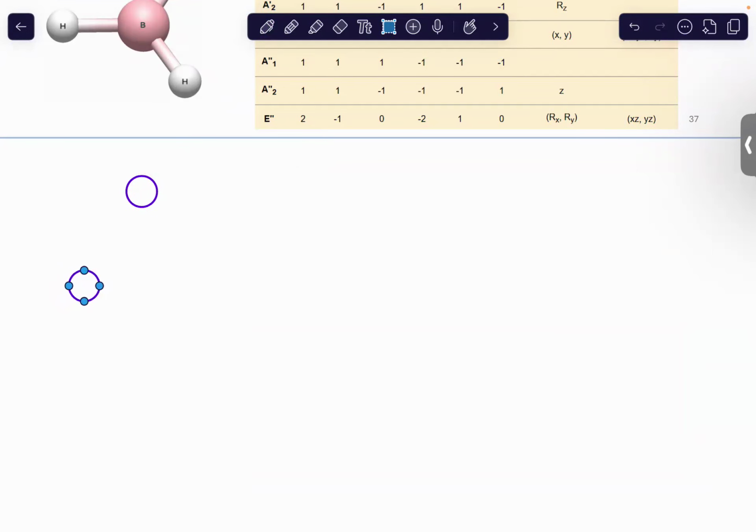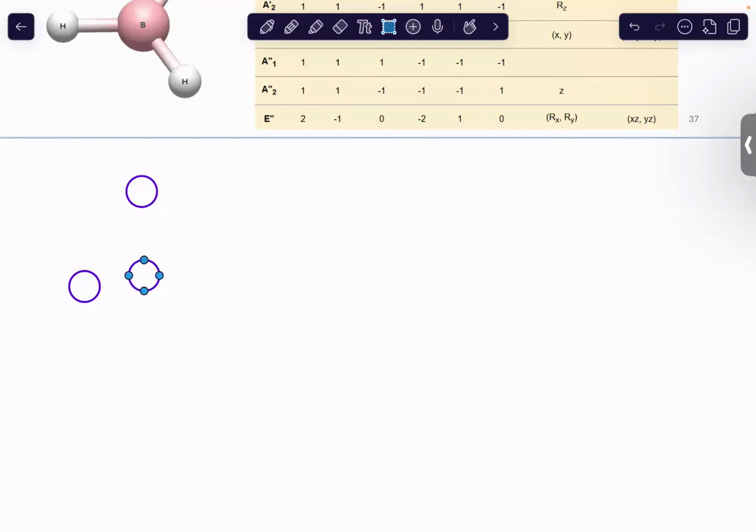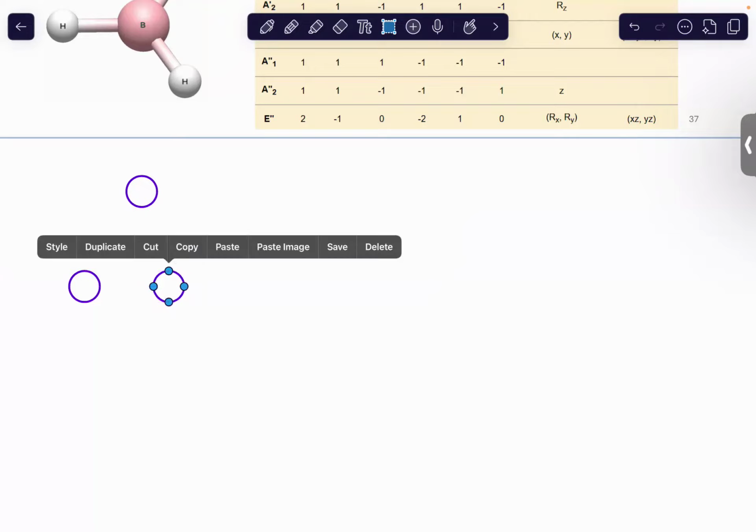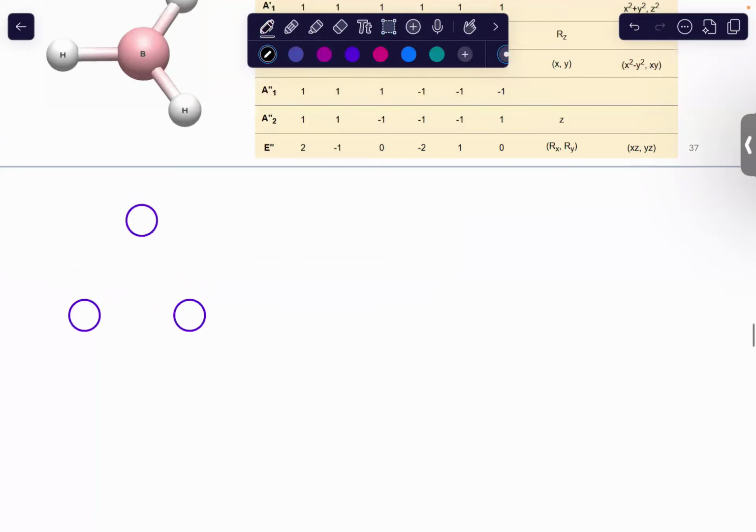So again, they're hydrogens. So it's just going to be a nice little triangle here with our rotation axis at the center.